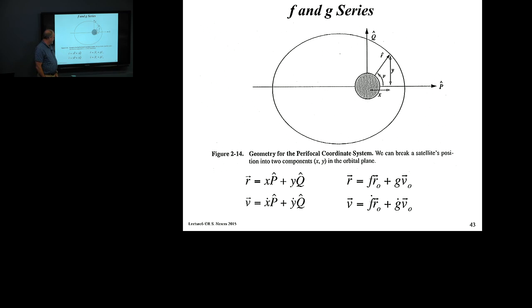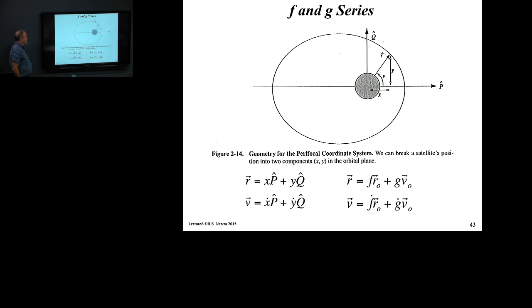What F and G series tells us is that we can express the position and velocity as a function of some initial position and velocity, R0, V0, through these F and G functions.